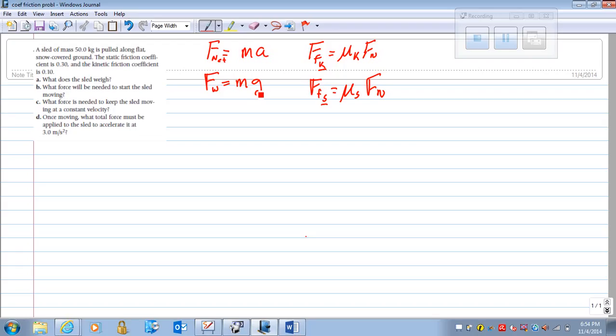Okay, so let's see how this problem goes. First of all, the first problem we're going to do is, what does the sled weigh? When we're talking about weight, we are obviously talking about this equation that says the weight force is equal to the mass times acceleration due to gravity, which according to our problem is 50 kilograms times 9.8 meters per second squared.